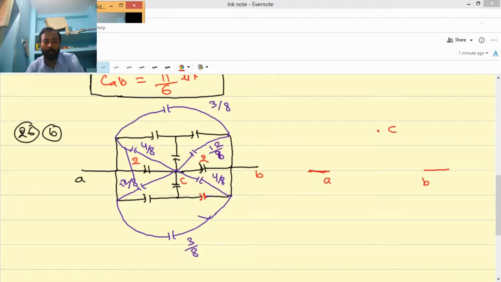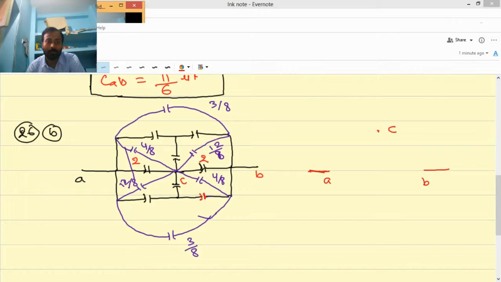Now see how we will be doing this. In between the A to B point there are 2 terms, 3 upon 8 and 3 upon 8. So these 2 we can take at one time only.